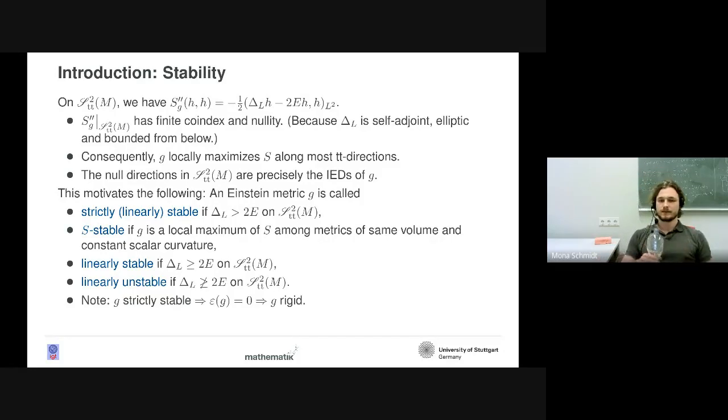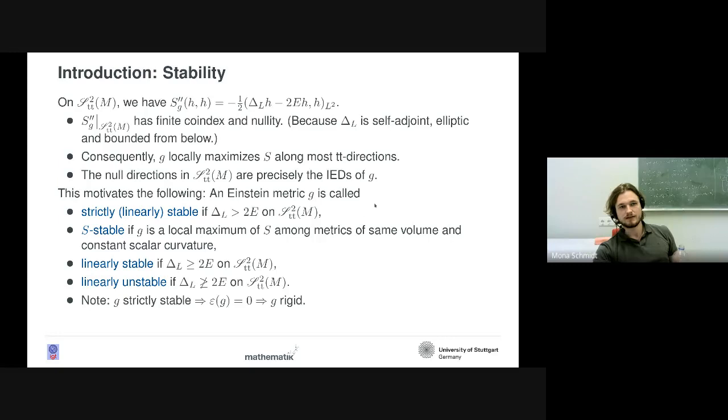So it could potentially be the case that we have a space that's linearly stable, but we can still ask whether G is a local maximum of S or not. And for that, we have to look at what the infinitesimal Einstein deformations do.